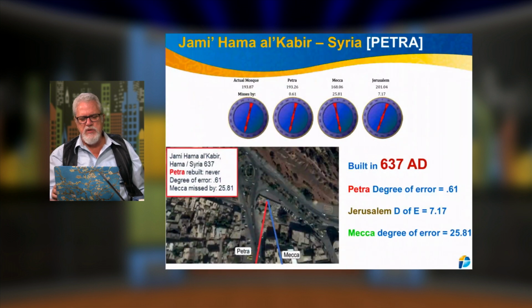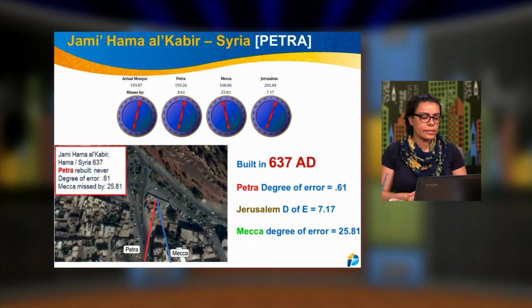Now let's go to Syria. The Jami Hama al-Kabir Mosque in Syria. So we've gone from Saudi Arabia, then moved to China, then India, and now we're in Syria. This mosque was built in 637. It is facing towards Petra.